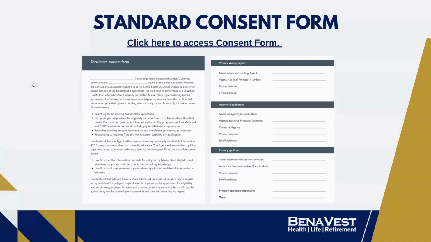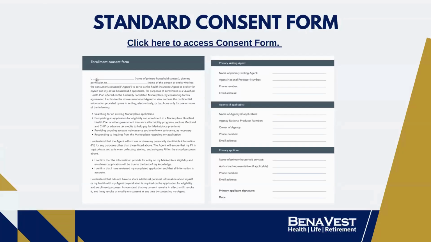Now here's the standard consent form. This form was actually provided to us when consent was becoming a requirement to document. This covers all the bases. So if you just want to use this and use a DocuSign or an Adobe Sign and just fill in the blanks, make them fields that need to be addressed, that's great.